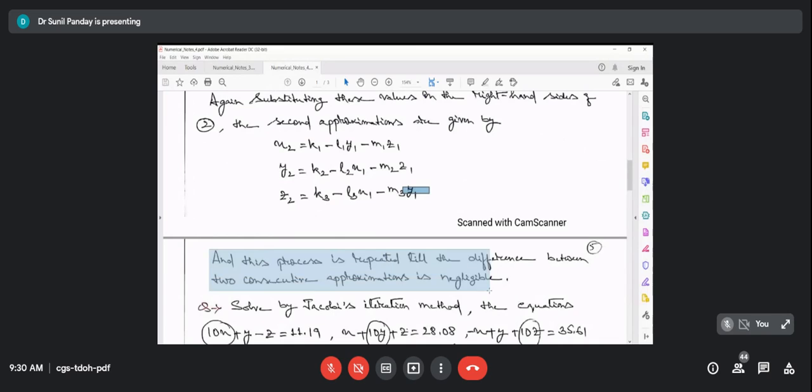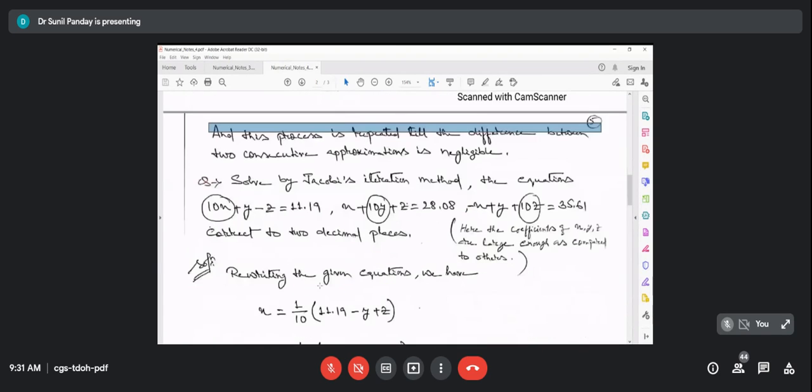This process is continued until the difference between two consecutive approximations is negligible, or whatever your desired accuracy. Like if the absolute value of x3 minus x2 is less than 10 raised to power minus 2, which is my desired accuracy, then I stop. Otherwise, I will continue.